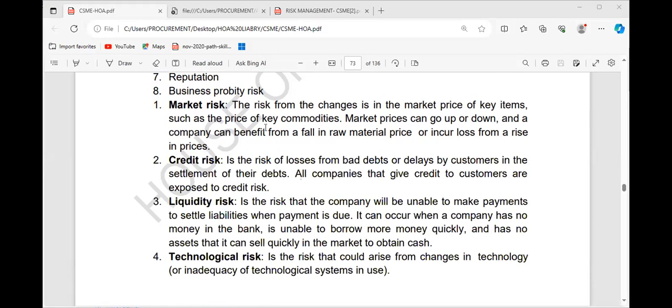Now, the market risk is from the changes in the market price of key items, such as the price of key commodity. Market price can go up and down.